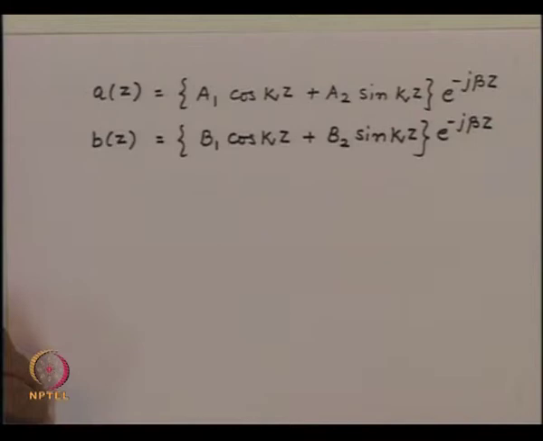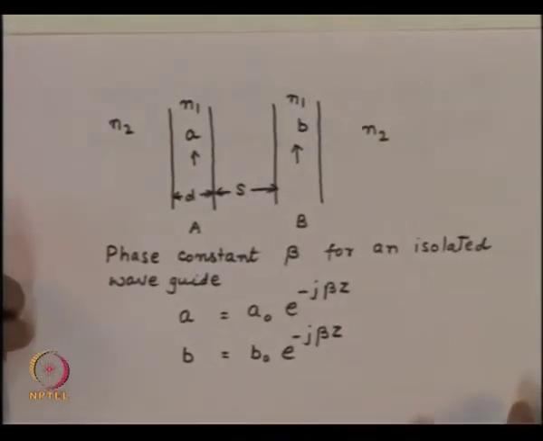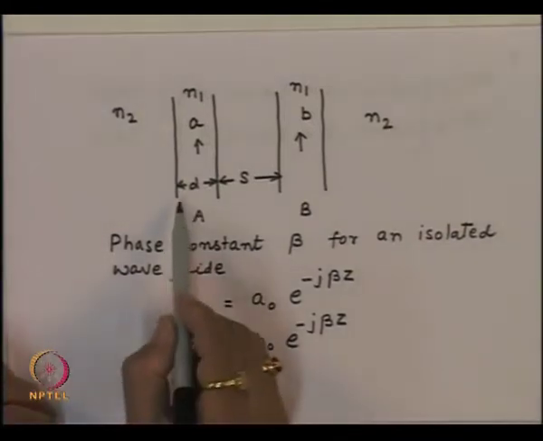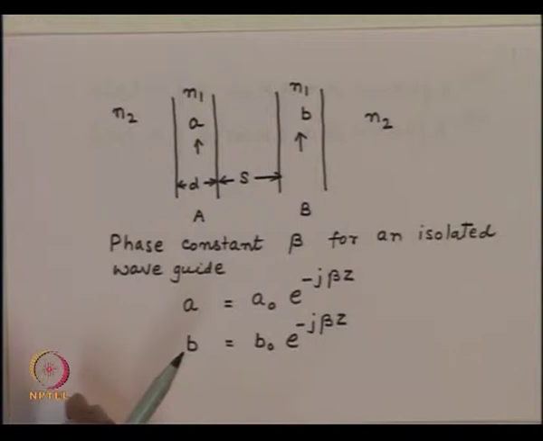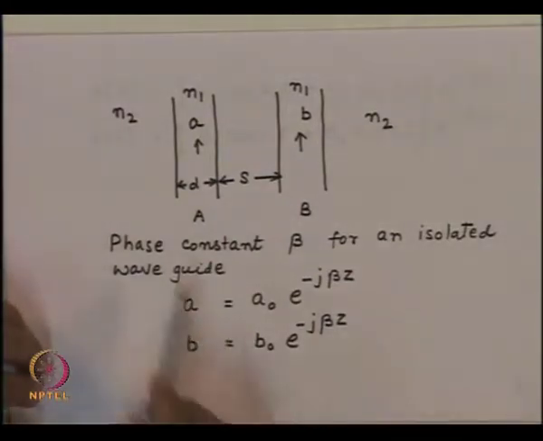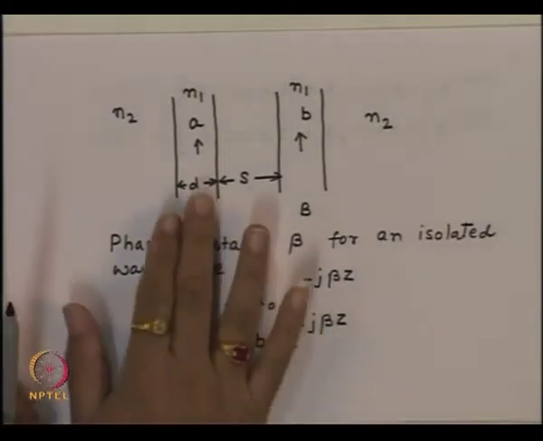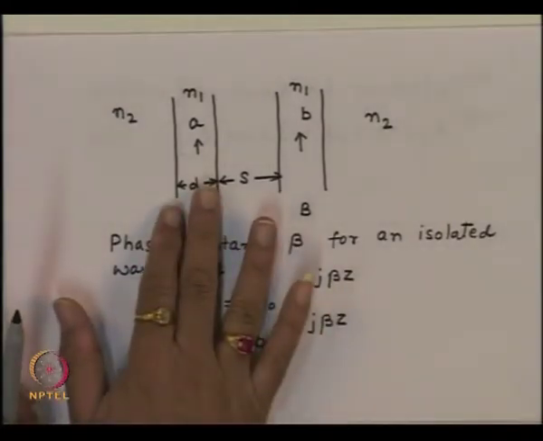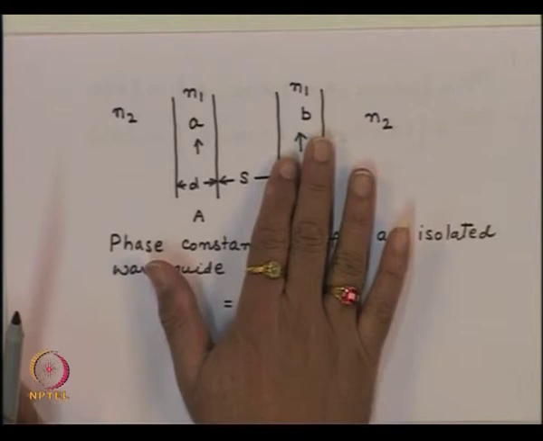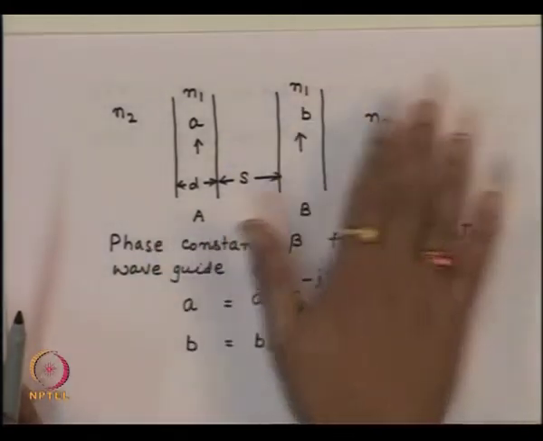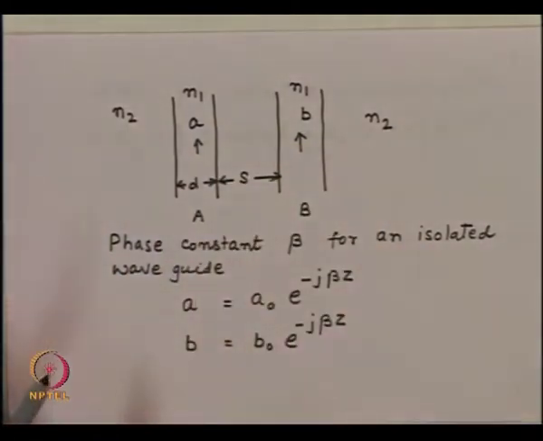Now, we can apply the boundary conditions to this waveguide, and the boundary condition will be that initially we are exciting only one of the waveguides. So, let us say at z equal to 0, we had excited only this waveguide and nothing was excited inside this waveguide, and this waveguide is simply brought in the vicinity of this waveguide.